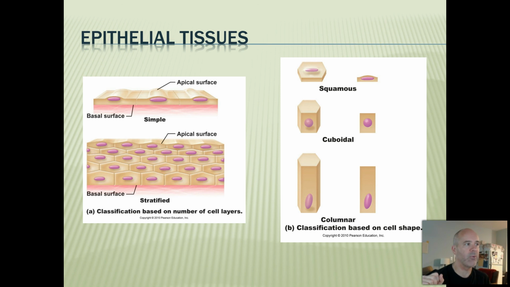Or when you get to Biology 202, you'll learn that the tiniest blood vessels in the body, the capillaries, are composed of walls that are simply a single layer of simple squamous epithelial tissue as well. And that's because those little tiny capillaries have to exchange fluids and gases and nutrients and wastes with the surrounding tissues.